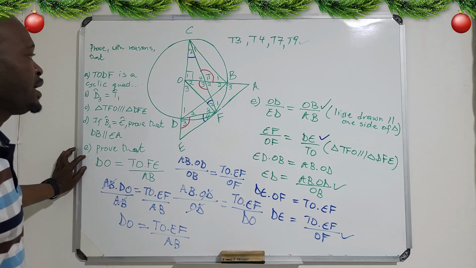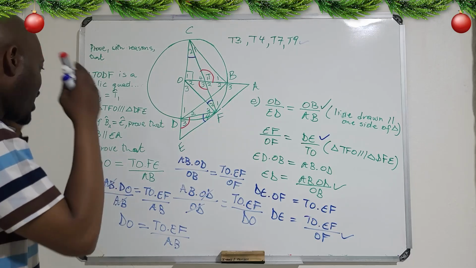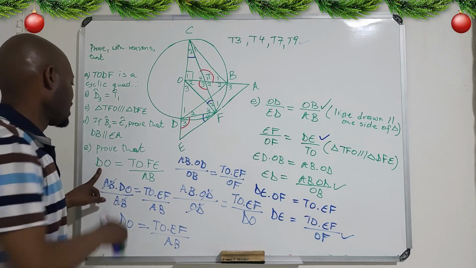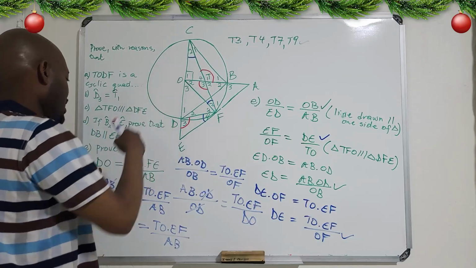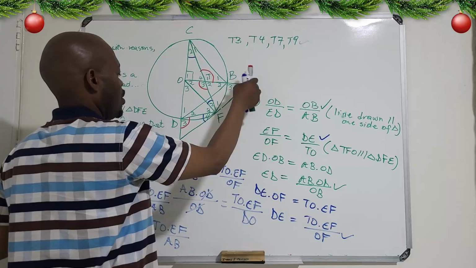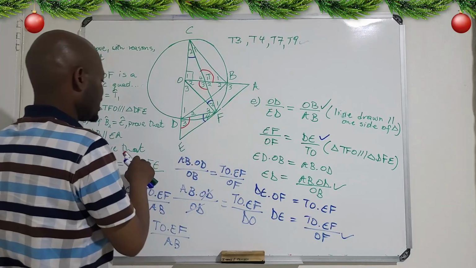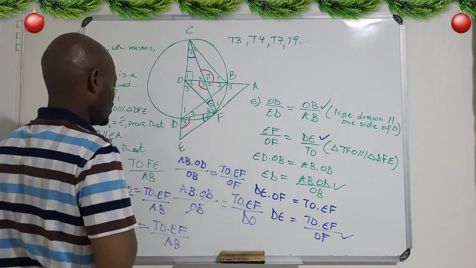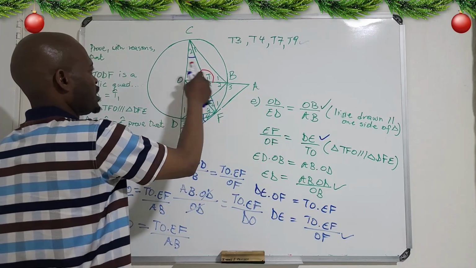So for number E, you should be wise. You should look at your sides. DO is there, AB is there. So it means that EF is in this one, and TO is in this one.